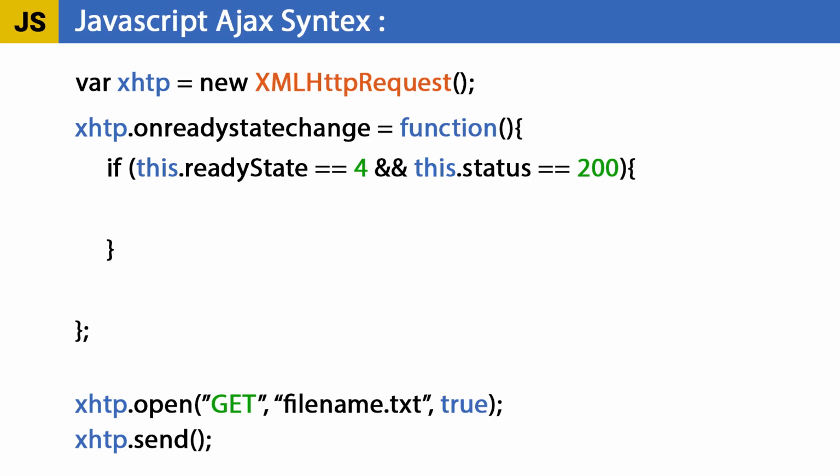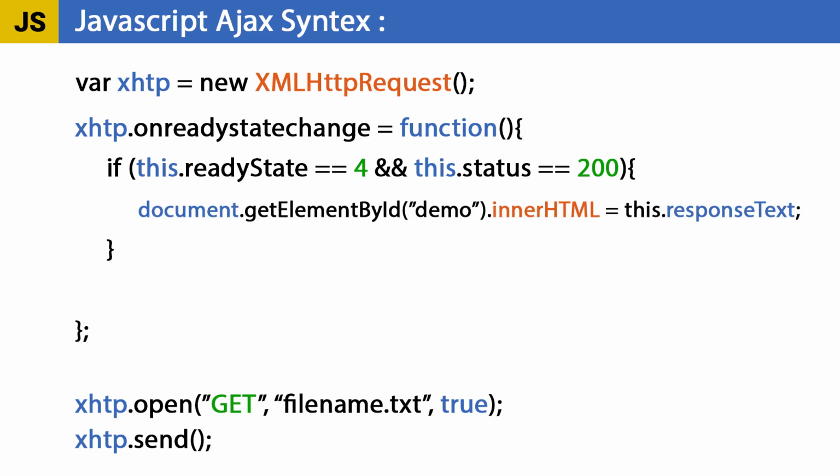So if the ready state value is 4 and our status is 200, then whatever we get from the server, we can set in our HTML page. Something like that. You can see document.getElementById, and we can target an HTML element using ID. In our case, our ID is demo and we can set the element's innerHTML equal to this.responseText. It means whatever text we get from the server, we can set in our HTML structure.